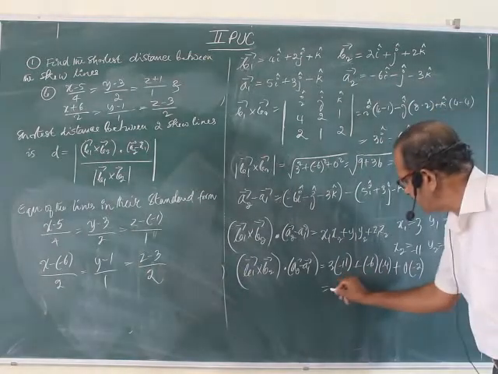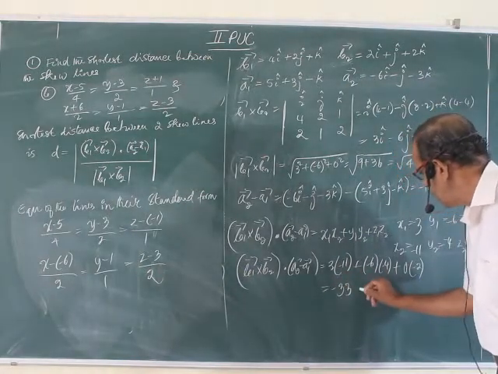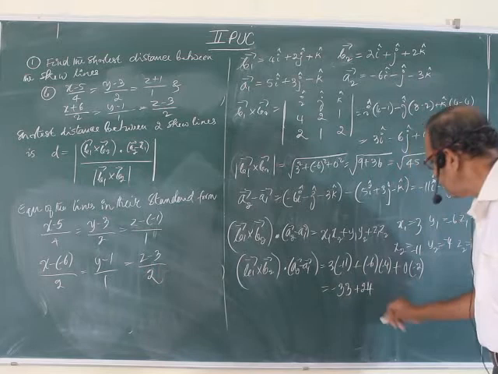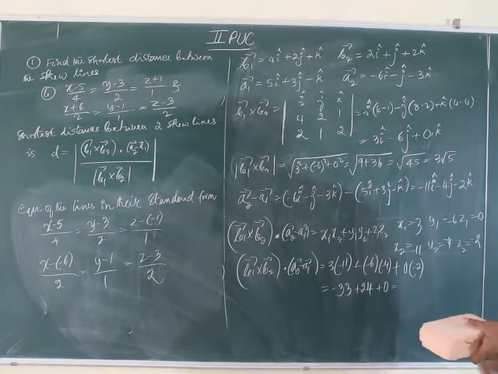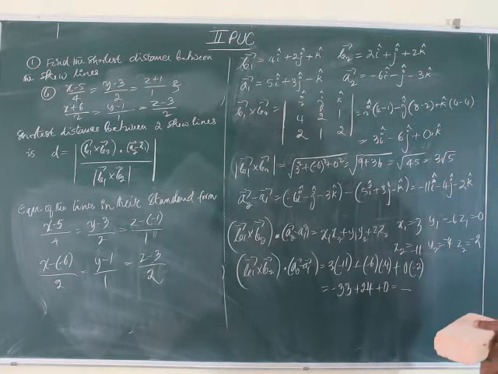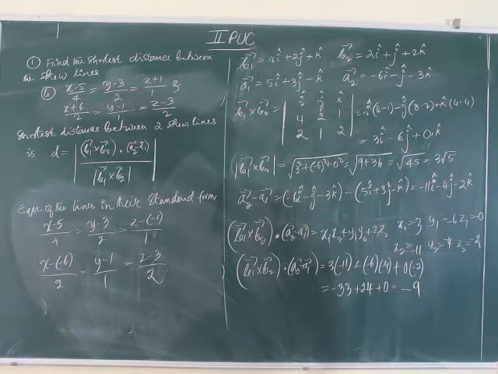Equal to minus 33 plus 24 plus 0, minus 9.